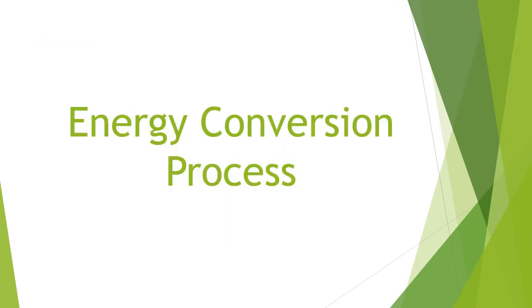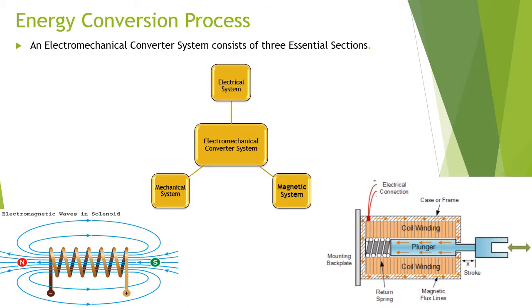Now we will focus on the energy conversion process in the solenoid actuator. First of all, the main principle of energy conversion is that energy can neither be created nor destroyed. It can only be changed from one form to another. Therefore, the total energy in a system is constant. An electromechanical converter system consists of three essential parts.